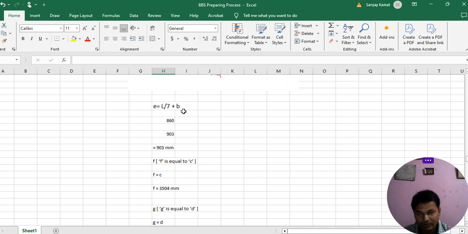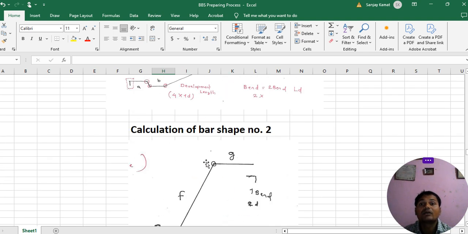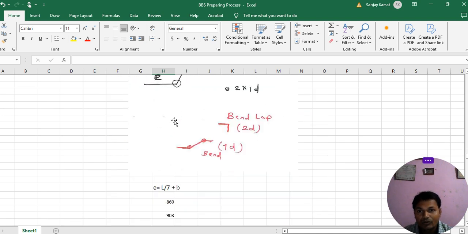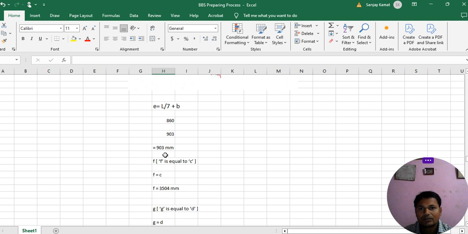L by 7 plus b. Earlier we have the b value, we can keep this b value here as 260. So L by 7 plus 260: 4500 by 7 plus 260, then this much it will come, 903. We can do it in the calculator first.